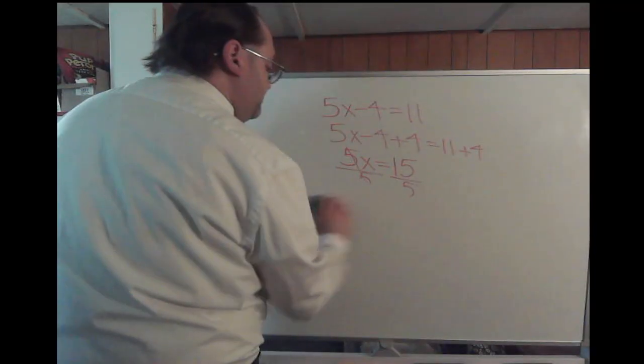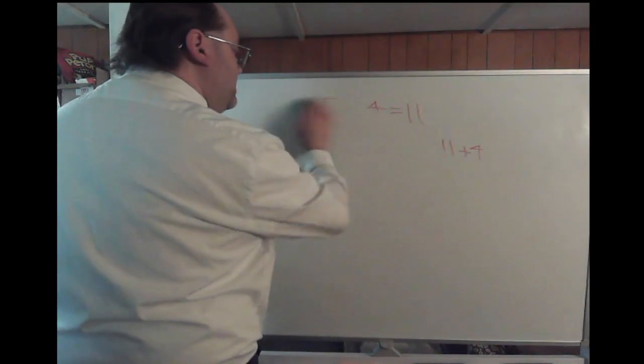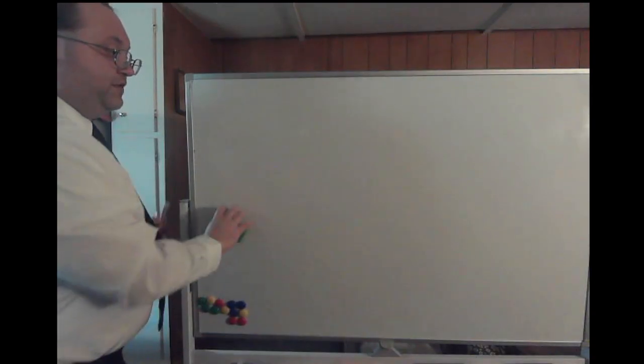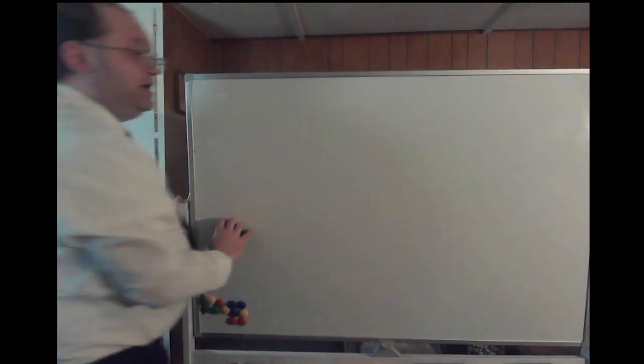And yeah, these really aren't too bad. They may look intimidating at first, but if you can just understand that you gotta get the variable that has some multiple on it by itself first, and then you get rid of that multiple and solve for the variable itself, it's not so bad.